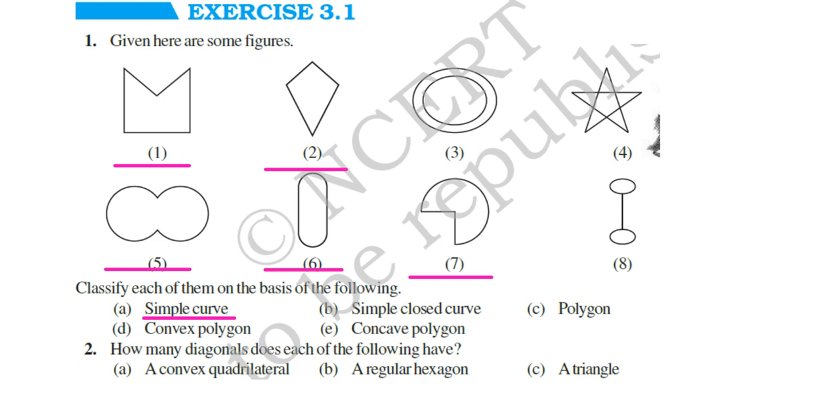And you can see the second one is a simple closed curve. The same, all are simple closed curves also. Do the remaining questions. The second question is, how many diagonals does each of the following have? Draw a figure and find out how many diagonals you get.